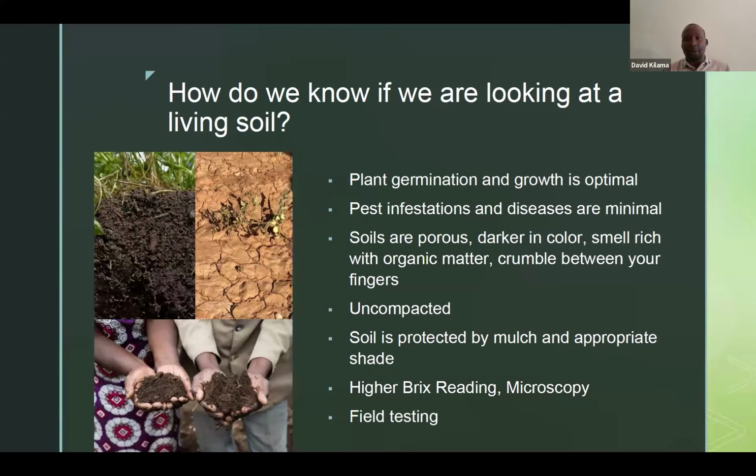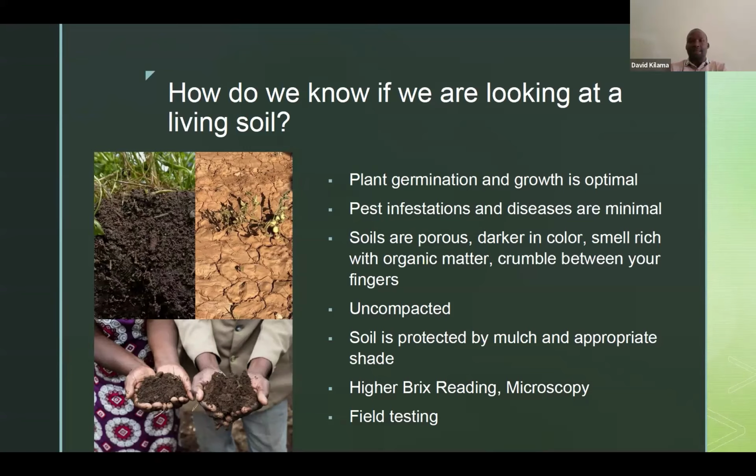Warren has just spoken about pest and disease infestation. They are just signs and symptoms that something is wrong. If you have a lot of this, it means that your soil is not good. But if you have little pest infestation and disease interference in your field, it shows that your soil is functioning well and doing the required work.